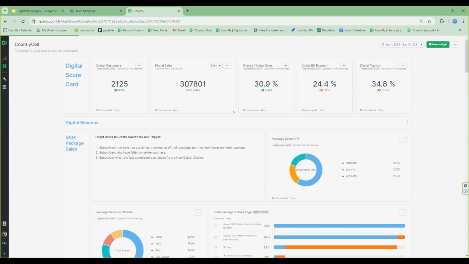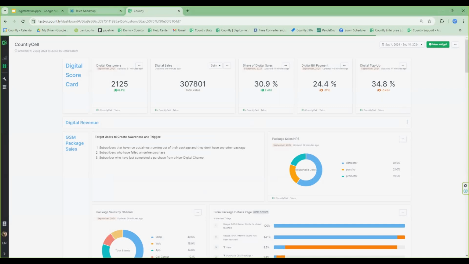So as a digital scorecard, we can see how many customers we have, the digital sales, how much we have made in a certain month, what percentage of sales is happening overall, and what percentage of transactions are happening through digital channels compared to the actual bigger revenue. So this would be a very helpful dashboard to look at in terms of KPIs.